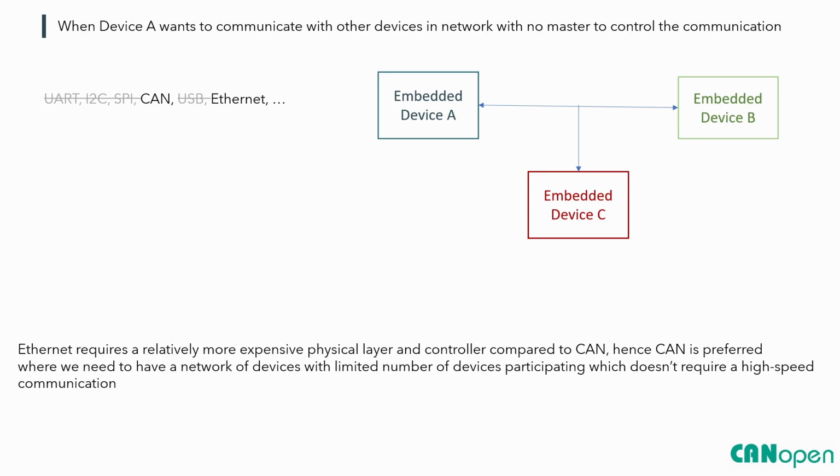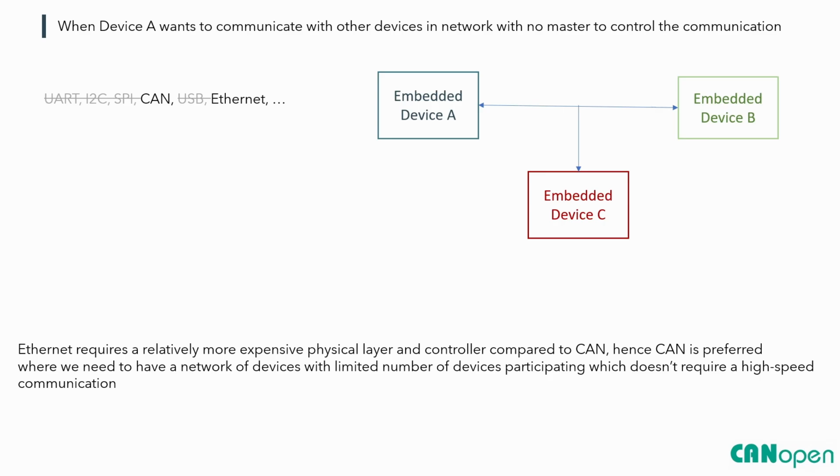So that's where I2C and SPI and USB probably cannot work, because in those cases we need a host or a master. But here, for example, CAN and Ethernet are good candidates for this type of communication, where each device in the network can basically send some information over the line, and the physical layer will take care of assigning the bus to a specific node at any point.